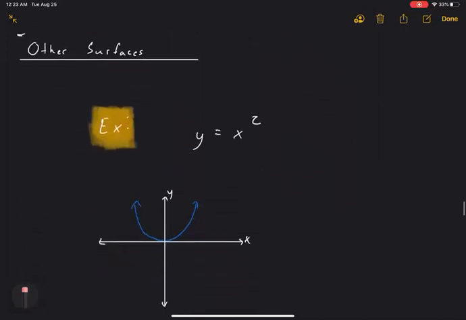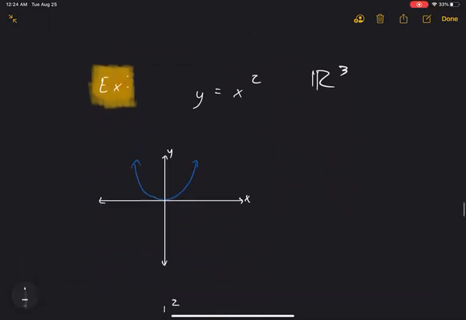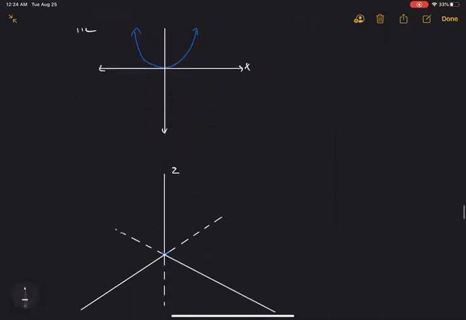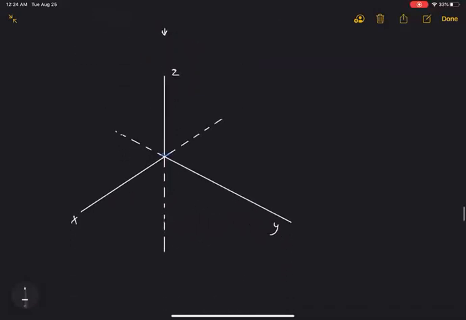Now let's check out some other surfaces. How about y equals x squared? Again, I want to graph this in R3, but it might be helpful to first graph it in R2. So y equals x squared, well in R2, that's just a parabola. So let's try and graph that in R3 now. Let's start by graphing it in the XY plane.